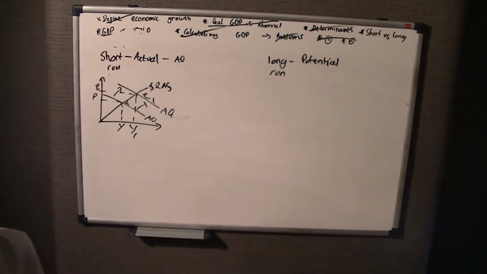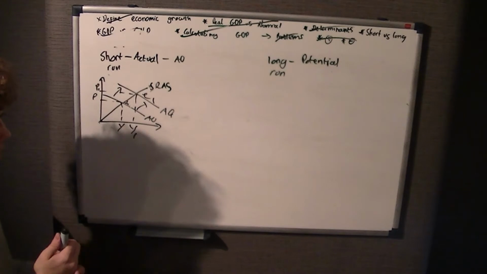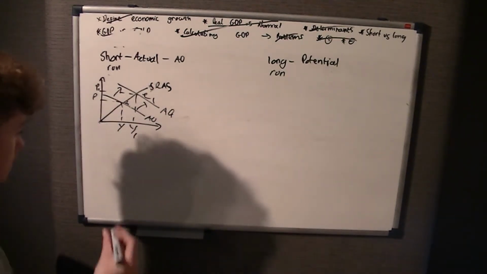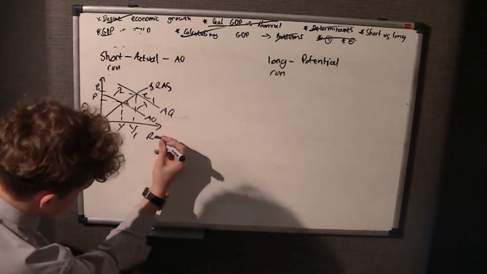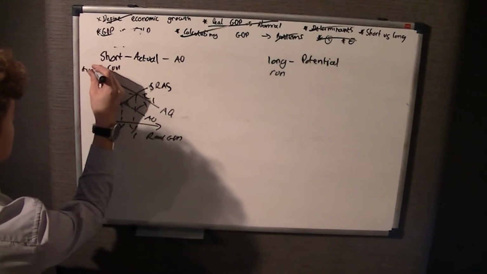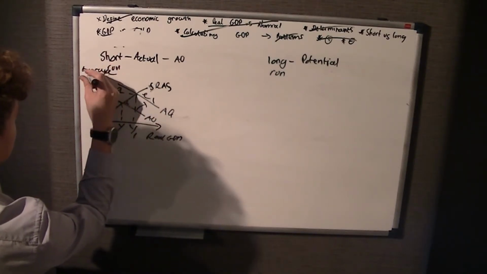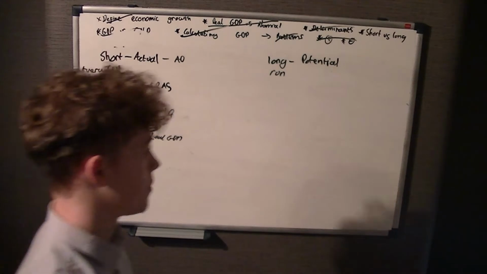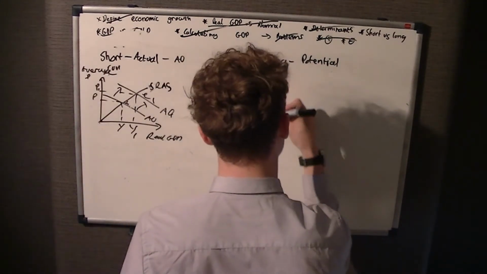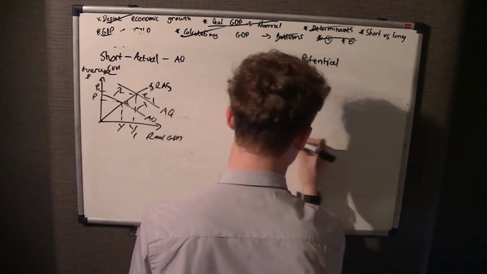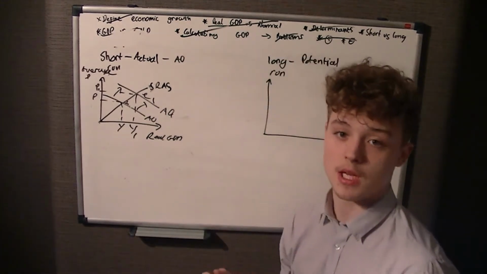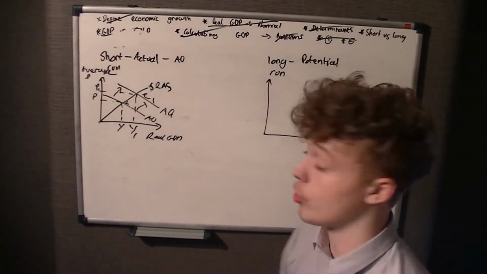Sorry if you can't quite see that, but you need to make sure that your equilibriums are labelled and your real GDP and average price level are labelled adequately. And long run growth, the LRAS curve, is caused by an increase in the productive capacity of the economy. So that's the same as an increase in long run aggregate supply.